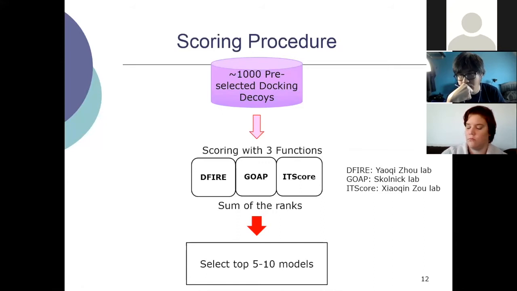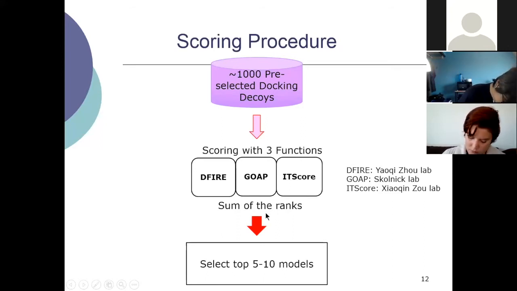No, DFIRE was published a very long time ago, and they haven't updated the scoring function since the publication. Okay, thanks.